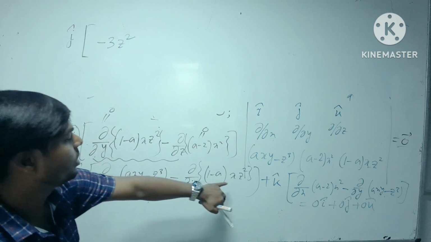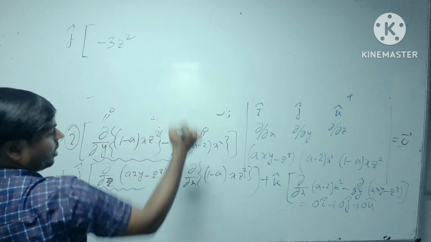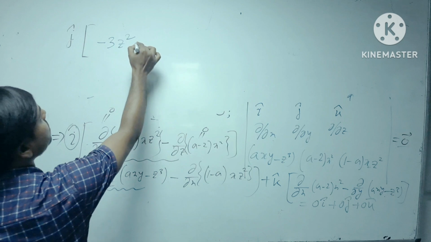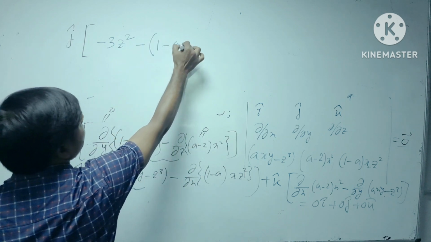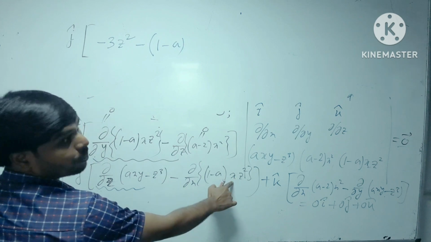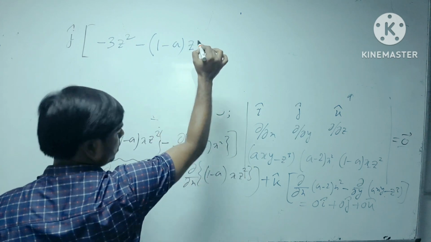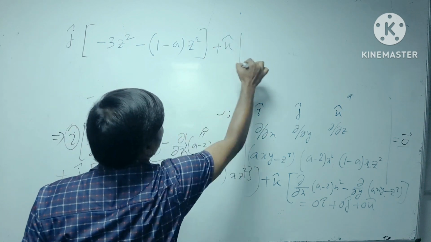Del x of this one, so this is again minus 1 minus a as it is, and z square is as it is, del x of x is 1, so this is z square. Plus k cap.